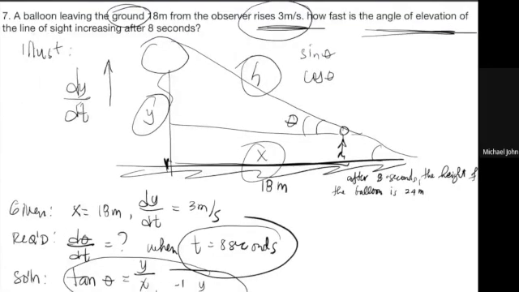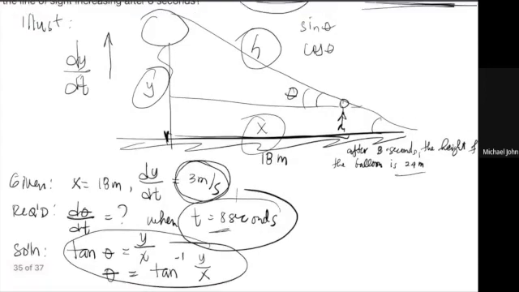How did we get that? Because dy/dt is given, it is 3 meters per second. If it rises 3 meters per second, you count: after 2 seconds, it rises 6; after 3 seconds, it becomes 9; so after 8 seconds, it is 24. So that's your y after 8 seconds. With that, you can solve for theta.